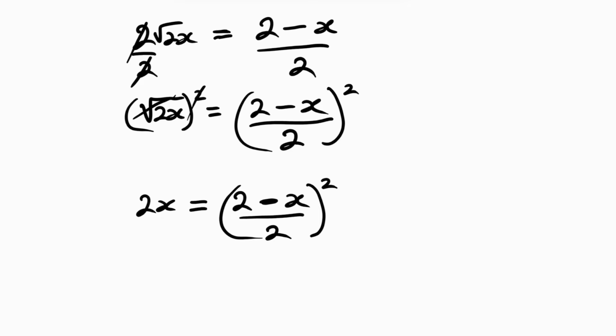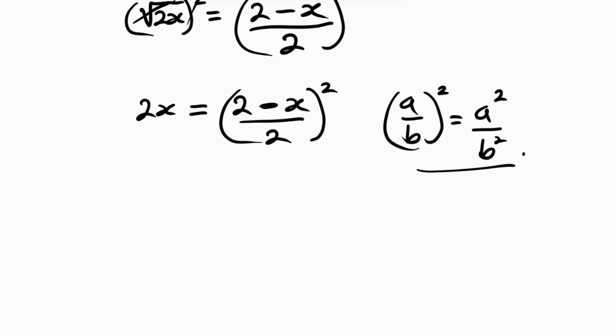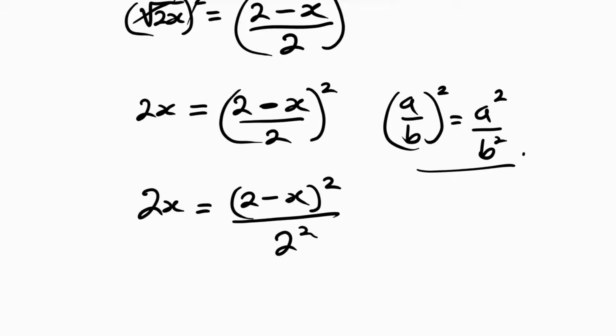So now we know that (a over b) raised to the power 2 is the same thing as a squared over b squared. So now let's apply that to the right hand side. So we have 2x equals (2 minus x) raised to the power 2 divided by 2 squared.